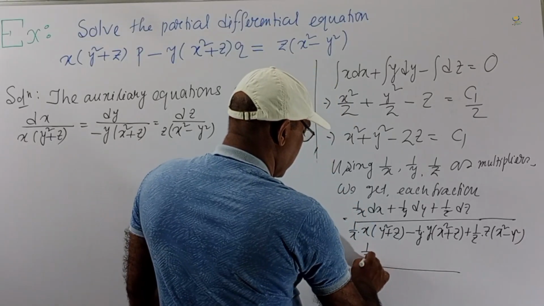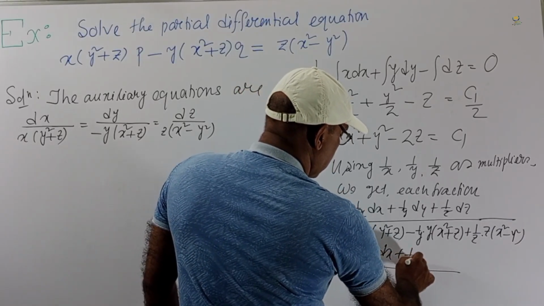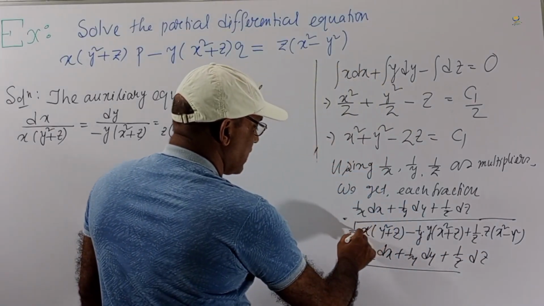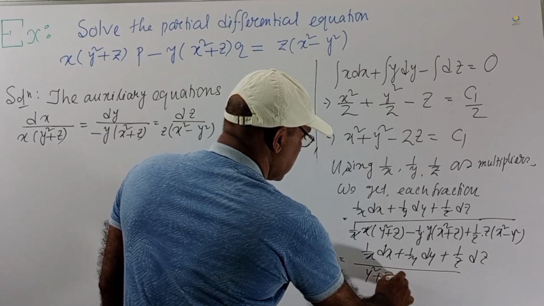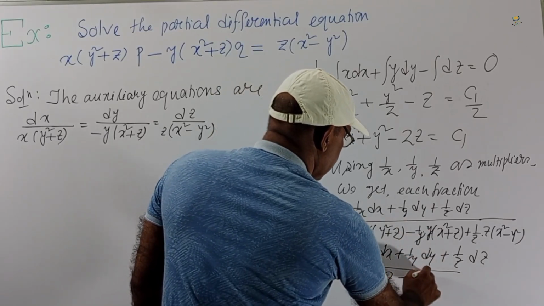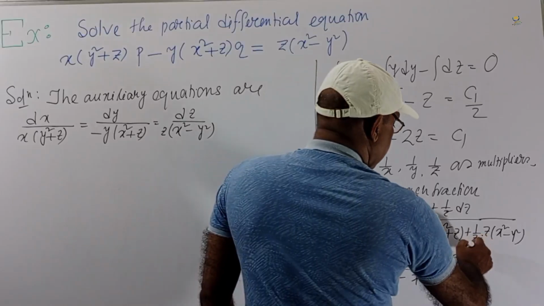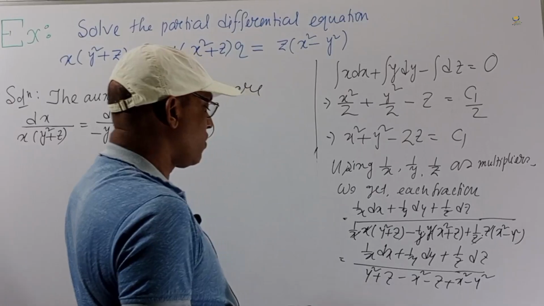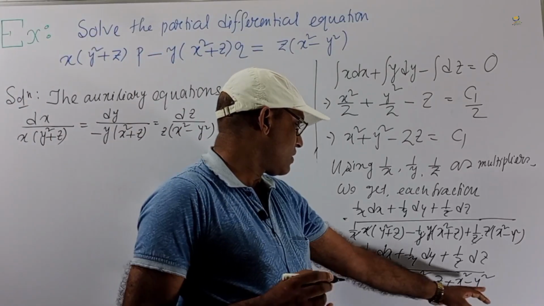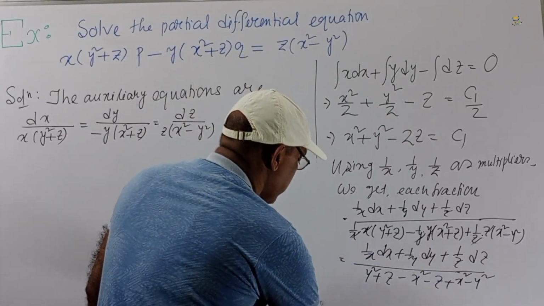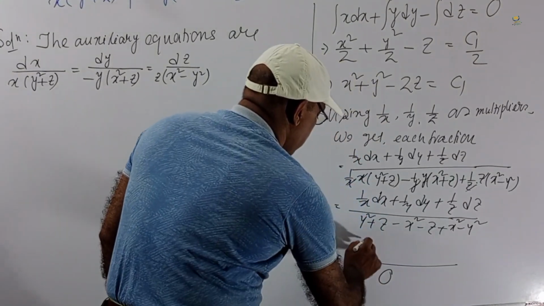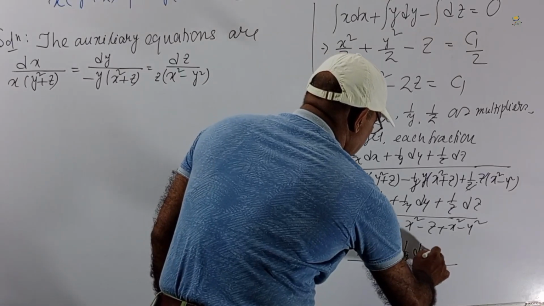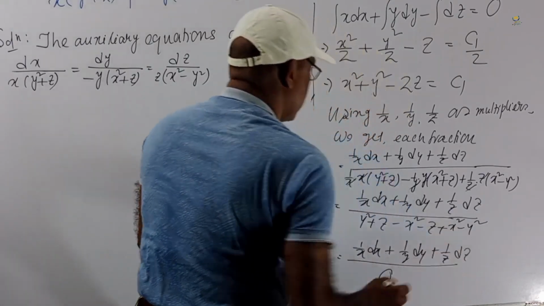So this is 1 by x dx, 1 by y dy, 1 by z dz. x cancels, we get y square plus z, y cancels, minus x square minus z, z cancels, plus x square minus y square. So what we get, y square cancels, x square cancels, z also cancels. We get denominator is 0. 1 by x dx, 1 by y dy, 1 by z dz. Denominator is 0.